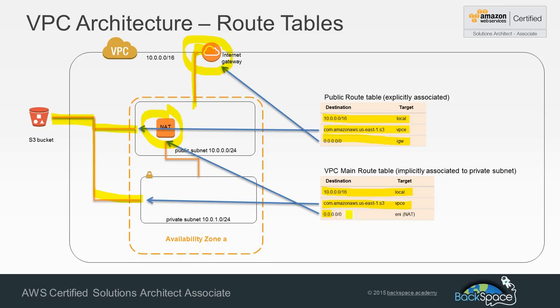What's different here is that traffic going out to the wider internet will go through to the elastic network interface of our NAT. So our private subnet is connecting in to the elastic network interface of our NAT, and that NAT will be connecting through our public subnet out through to our internet gateway.